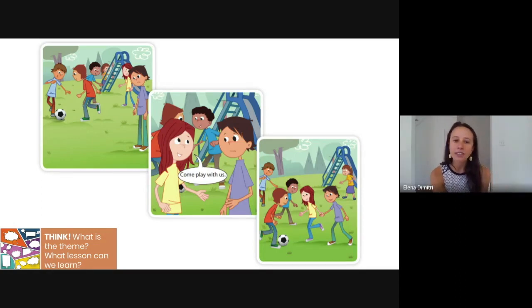And then after we analyze these pictures and pick out text evidence, we're going to think to ourselves, what is the theme? What lesson can we learn from these images? So take a moment, if you want to pause the video right now to just look at these pictures and see what's going on, go ahead and do so now. But we're going to move on to analyzing them.